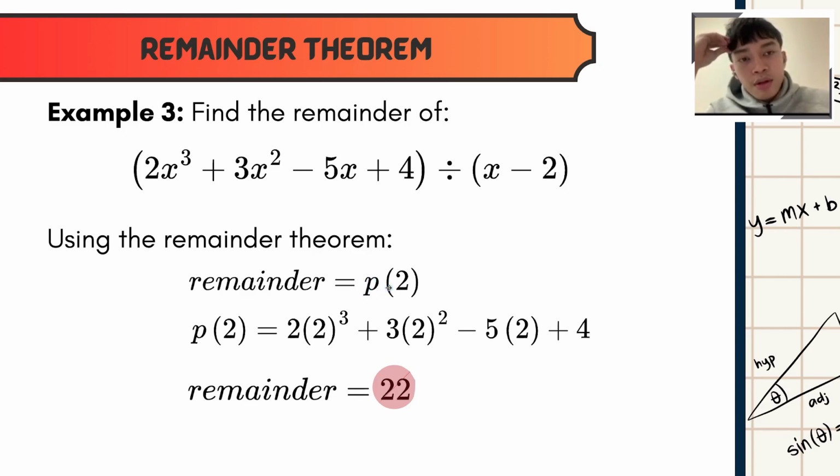So we're just going to input the 2 to the x's. So it's going to be 2 multiplied to 2 to the power of 3 plus 3, and then change the x to 2, 2 to the power of 2 minus 5, and then change the other x to 2 plus 4. So the remainder is going to be 22.